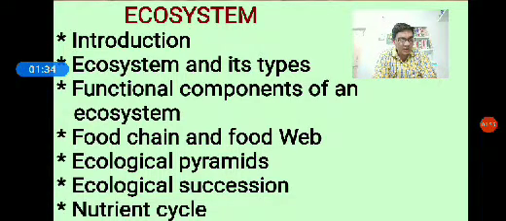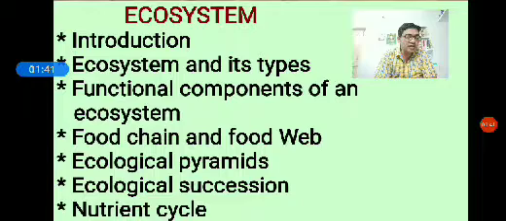Another scientist, Warming, defined ecology as a study of organism in relation to their environment.